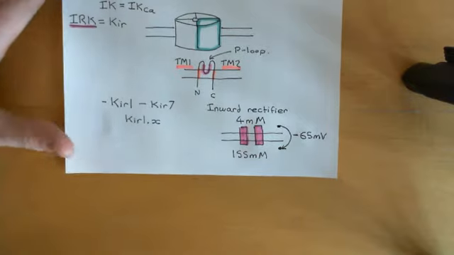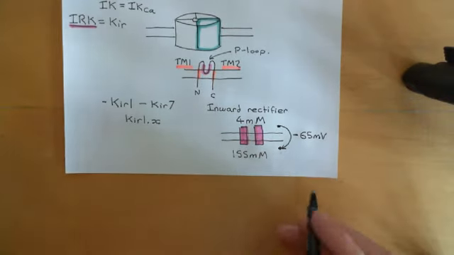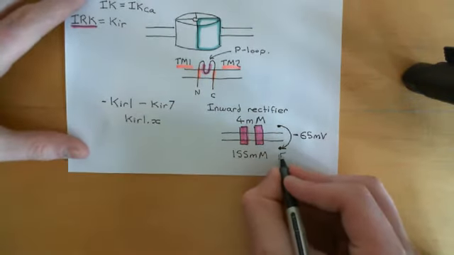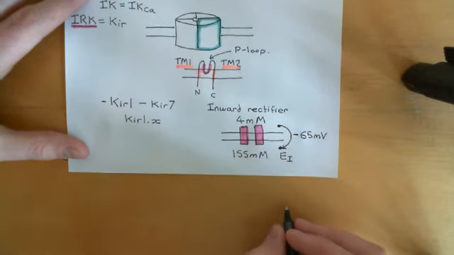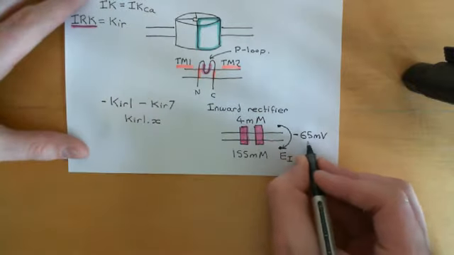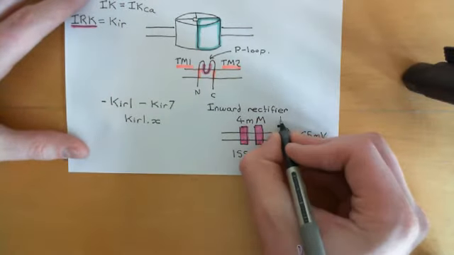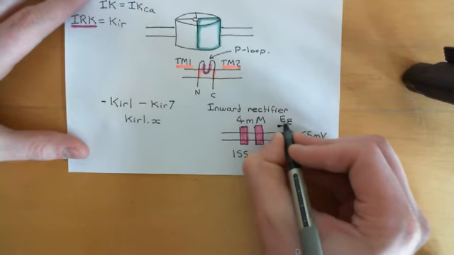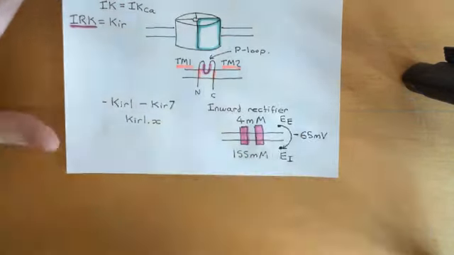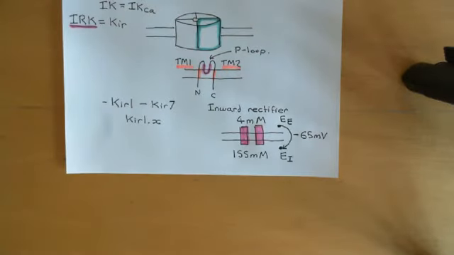What that means is that the electrical potential intracellularly, which we might denote capital E for electrical potential and then subscripted I for intracellularly, is 65 millivolts lower than the electrical potential extracellularly, which will have capital E and then subscripted E for extracellularly. So if you move across the cell membrane from the extracellular compartment into the intracellular compartment, the electrical potential goes down by 65 millivolts.